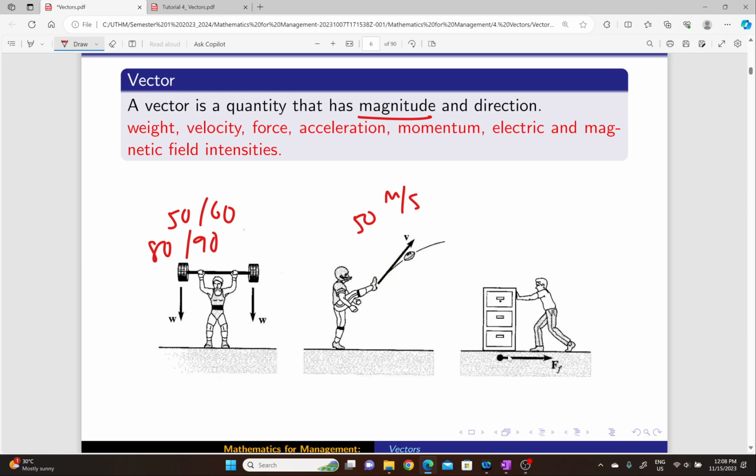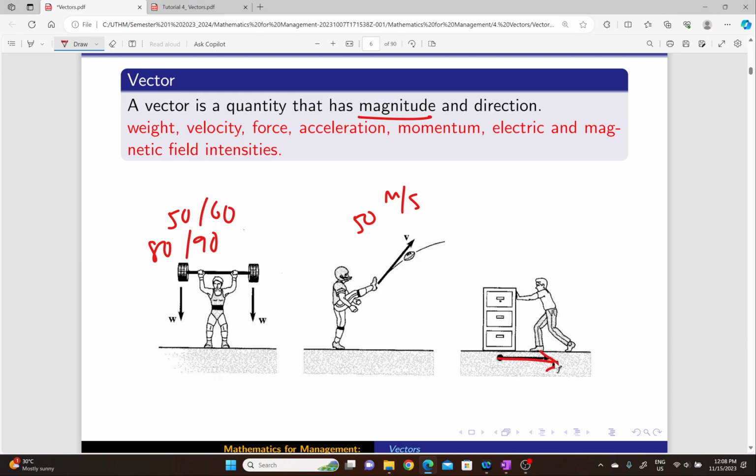The same goes for frictional force. If any of you took physics or have learned kinematics or the mechanical part, you have force. When you push something, let's say a cupboard, you feel difficulty. There's some resistance resisting you from going smoothly, and there's a force.